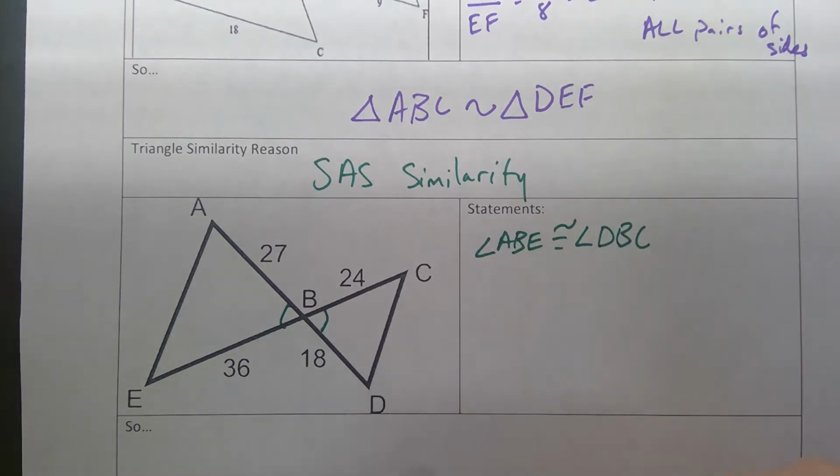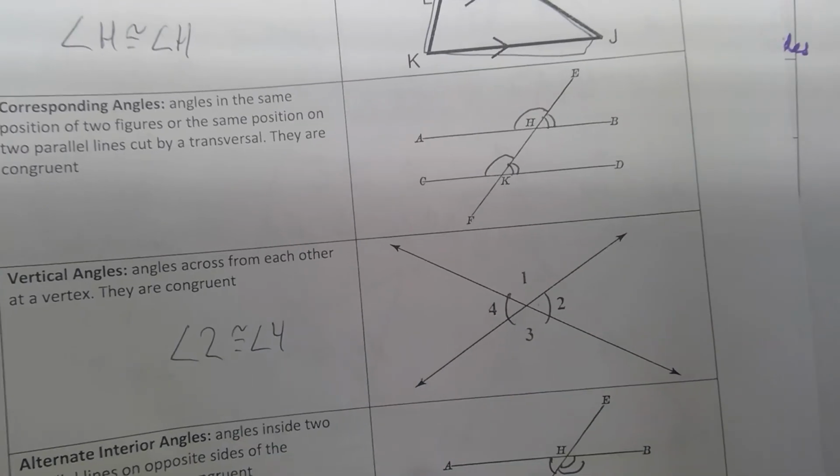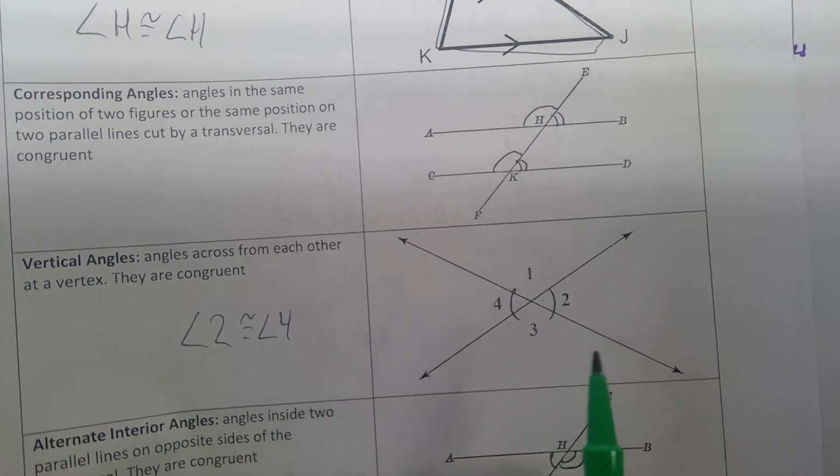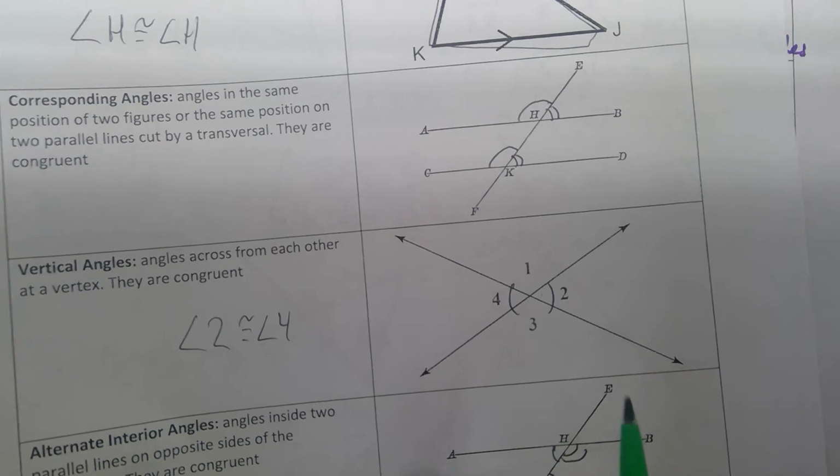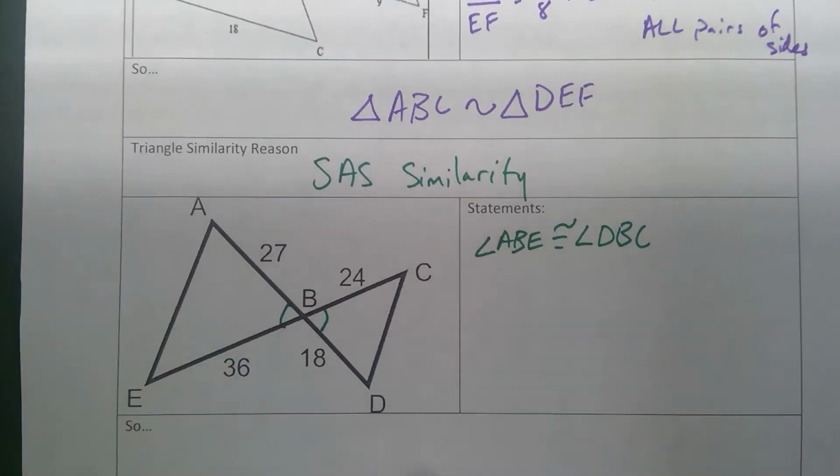Our toolkit's coming in handy already because these angles are across from each other. Remember, angles across from each other we call vertical angles. All right, since they're across each other, they're vertical angles, so we need to show that we say that they are congruent.